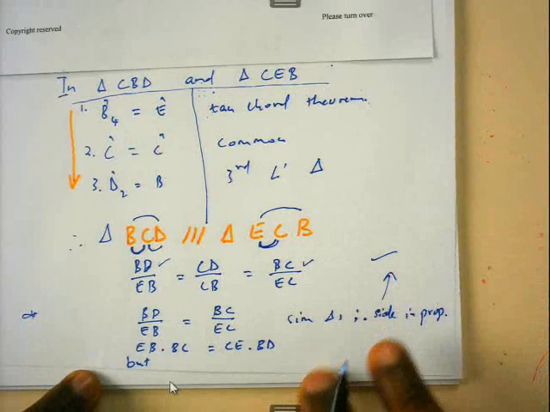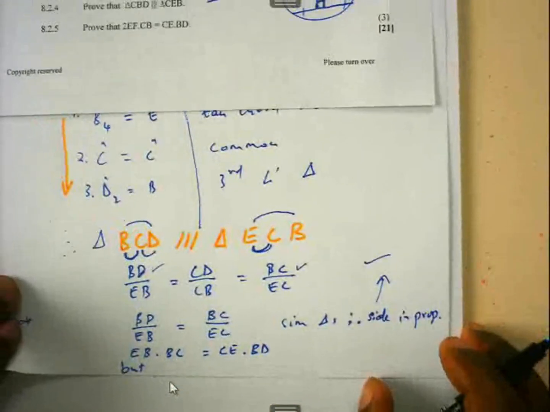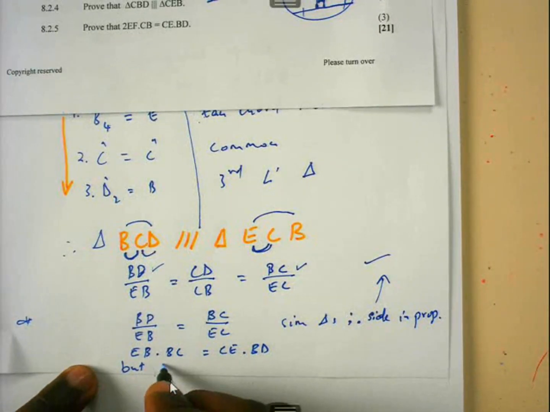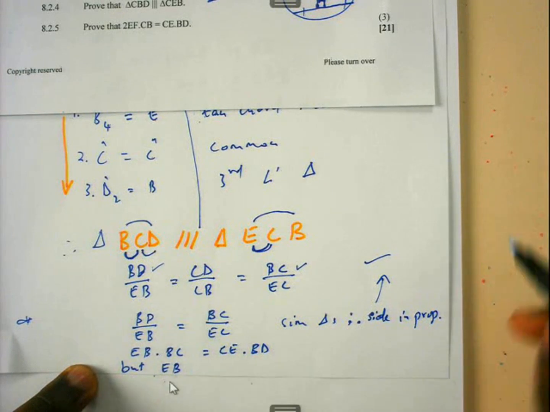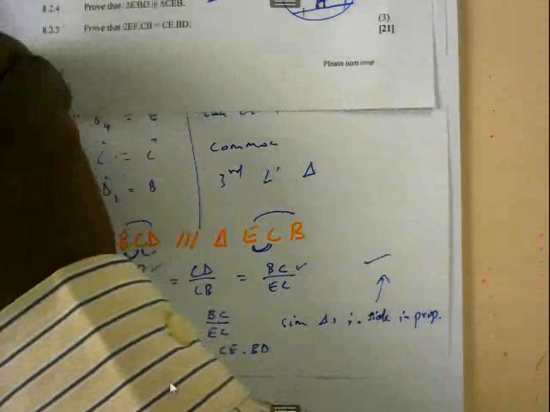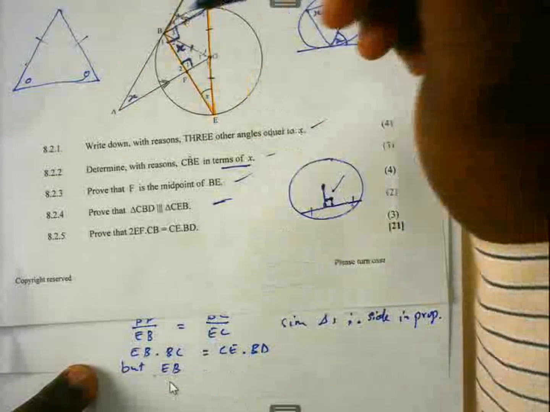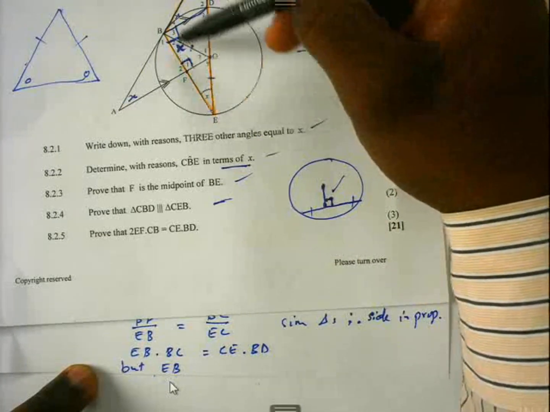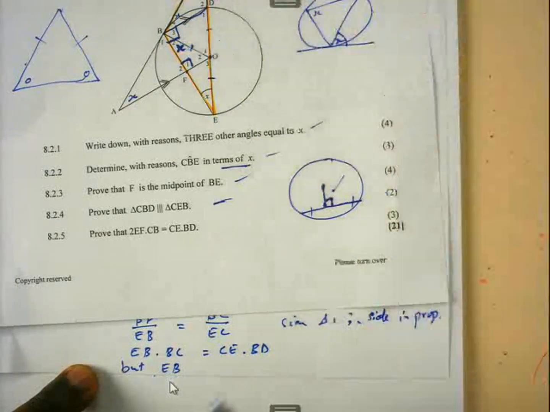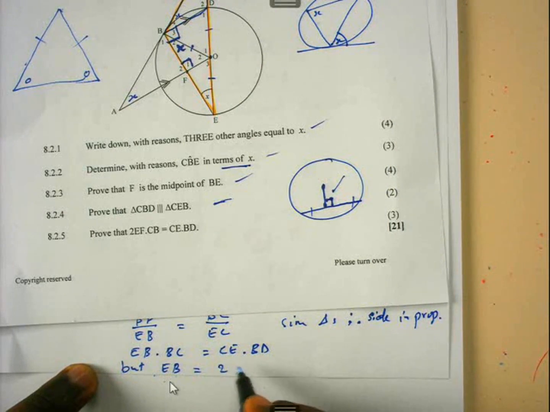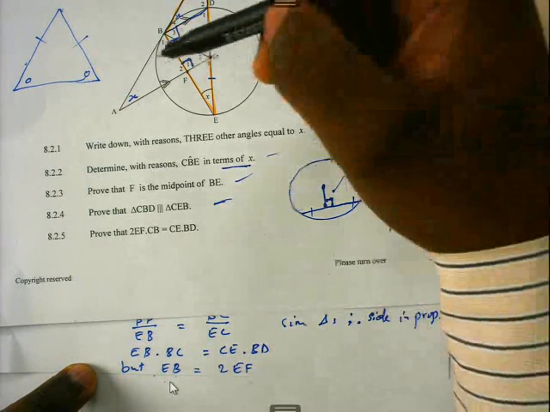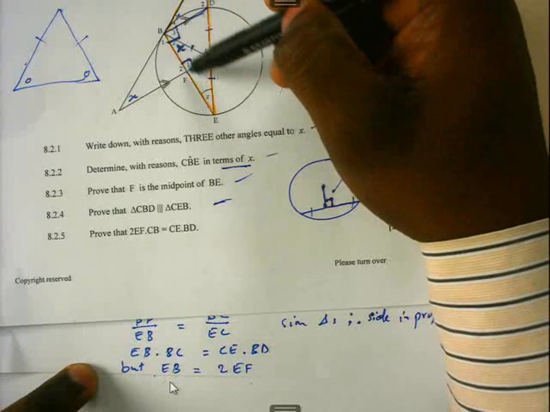But we have realized that EB itself, that side EB, is equal to twice side EF. Why do we say that? EB is 2EF.